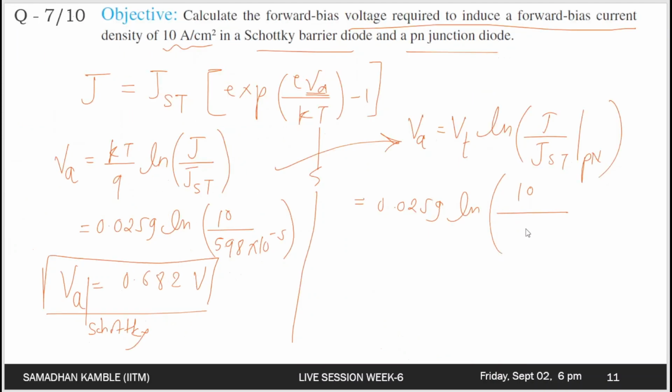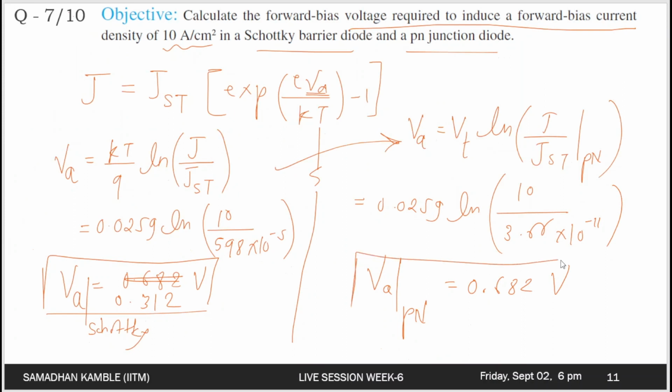We substitute it here and we get V_A for the PN as 0.682 volt. So 0.312 volt is for the Schottky case, and 0.682 volt is for the PN diode case.